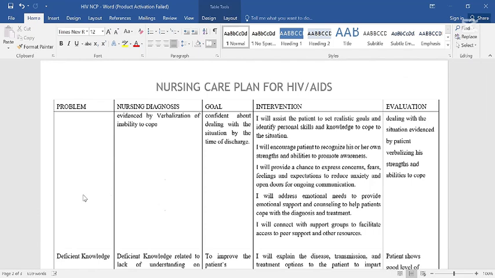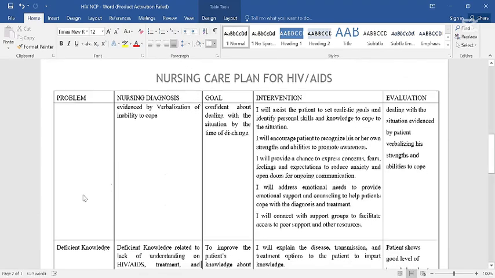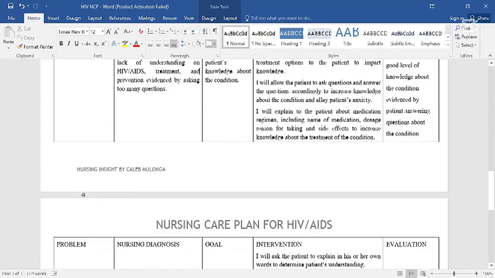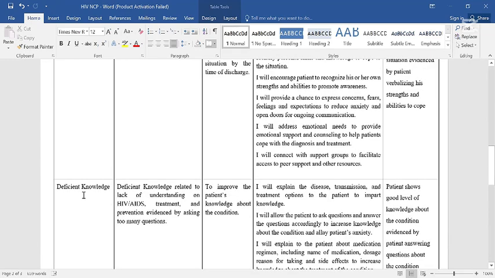So basically what we are saying here is now the patient will be able to say, I can now deal with what I have. I can now live with the condition that I have without fearing any discrimination. So that is on that particular problem.